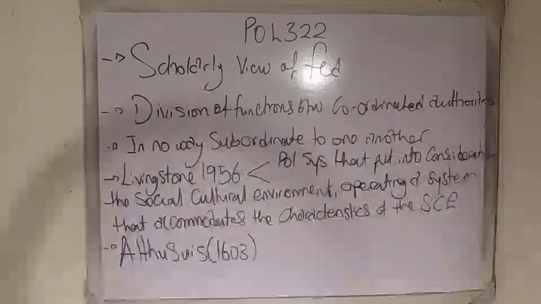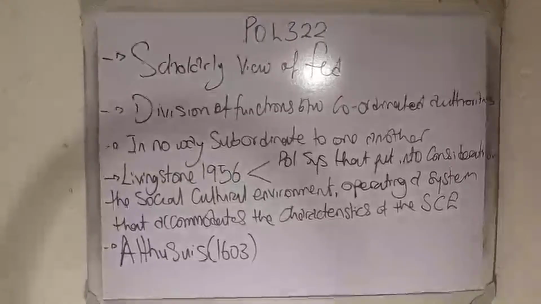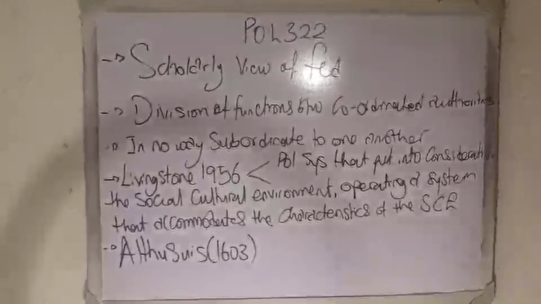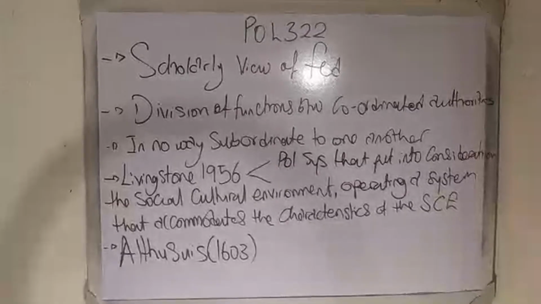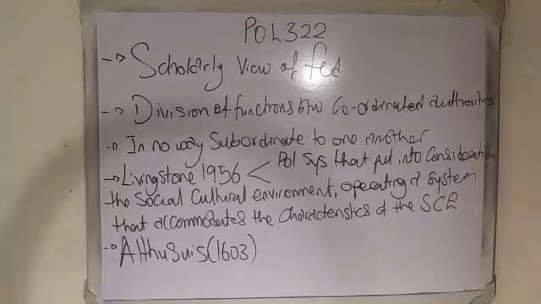According to his work, as far as federalism is concerned, which is evergreen, there's this particular one that is well known, called the Politica Methodis Digesta. Alpheus in 1603, about his work on federalism, which happens to be evergreen, and this work is titled Politica Methodis Digesta.